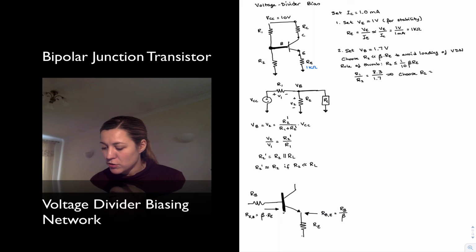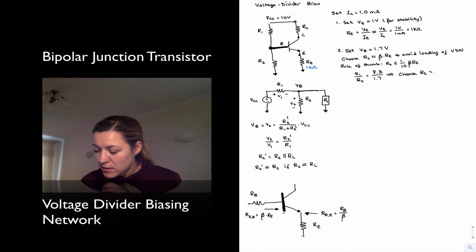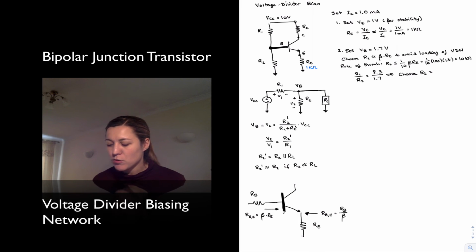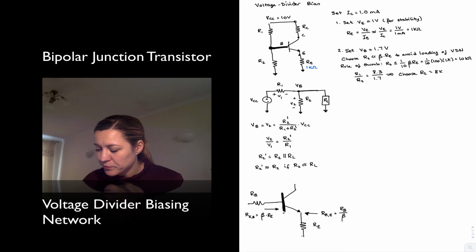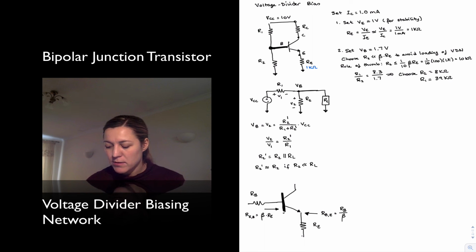We just need to choose an R2 that is less than 1/10 of beta times RE, and that is 1/10 of 100 times 1K, which comes out to be 10K. So we want R2 to be less than 10K ohms. Let's choose 8. And that will make our R1 be equal to 39 kilo ohms by applying that ratio.